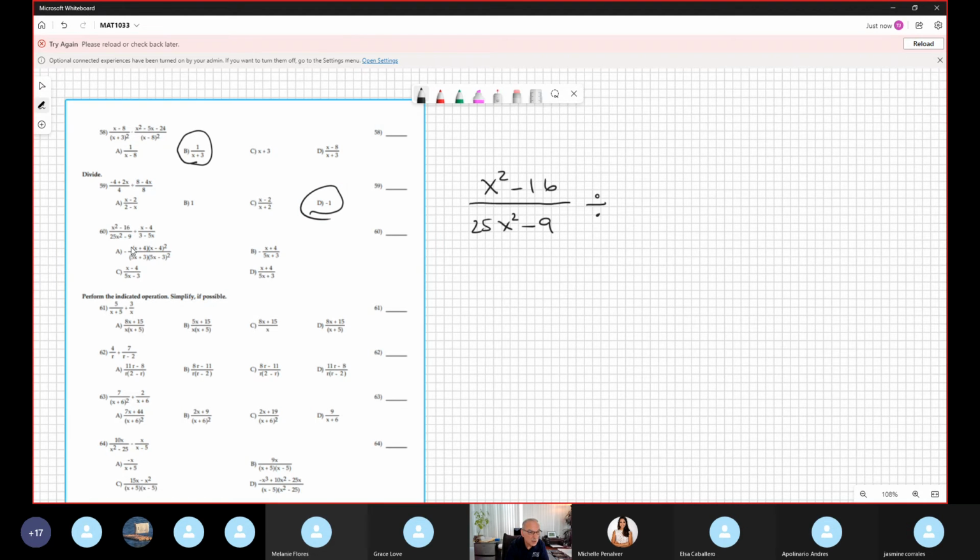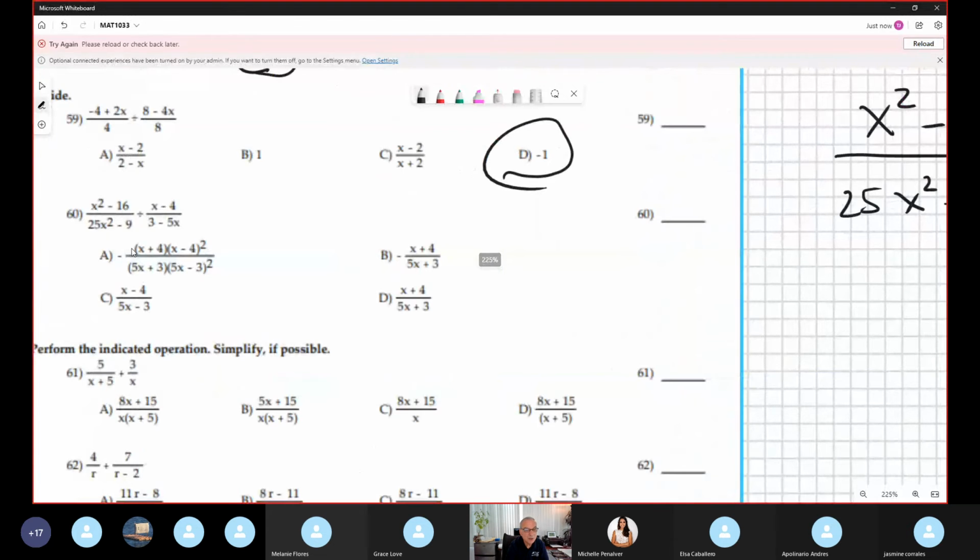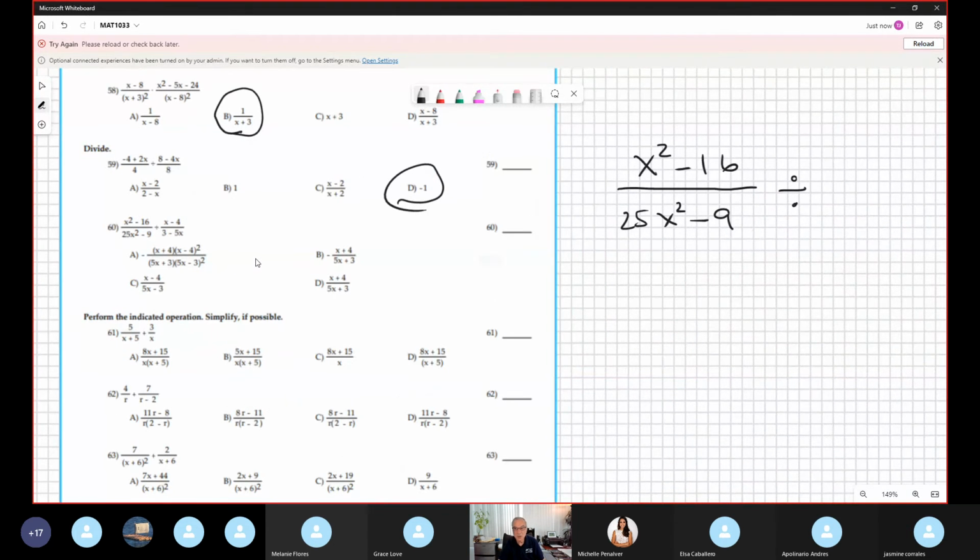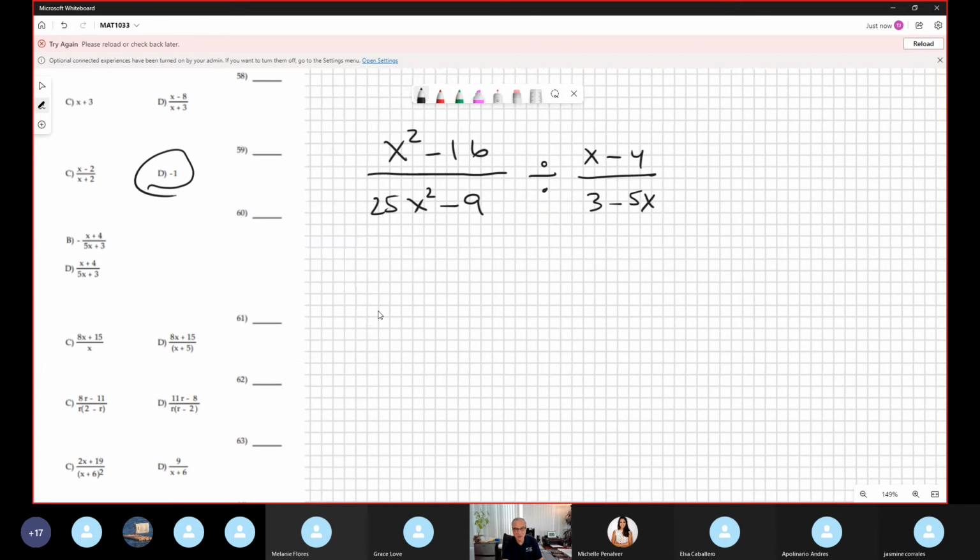Division by (x minus 4) divided by (3 minus 5x). Step number 1: I don't like division problems, so I convert to multiplication. How? Step the second.